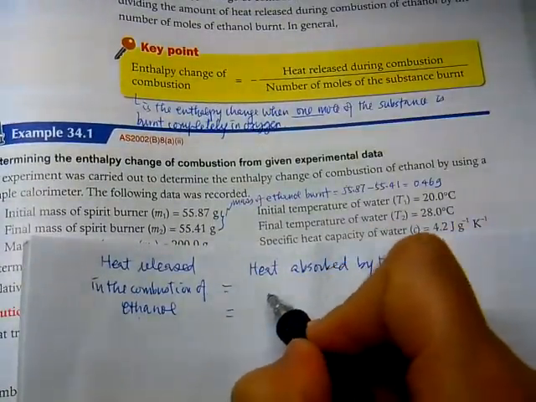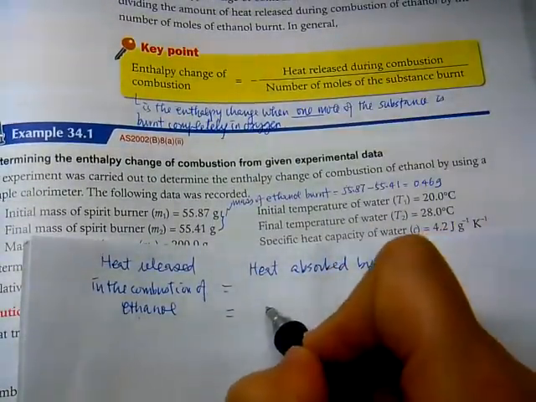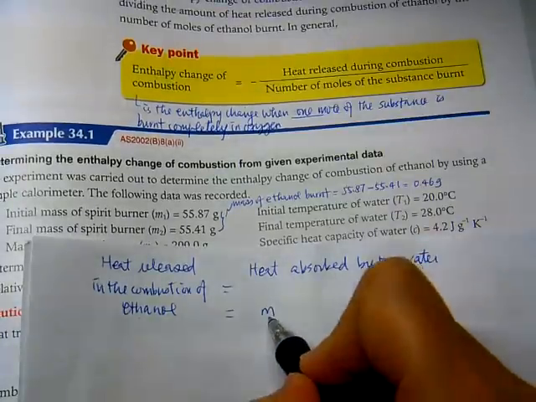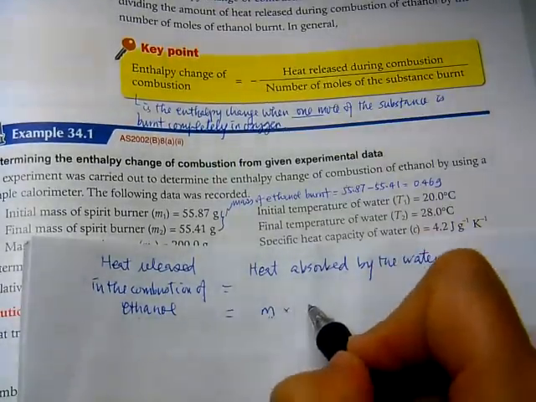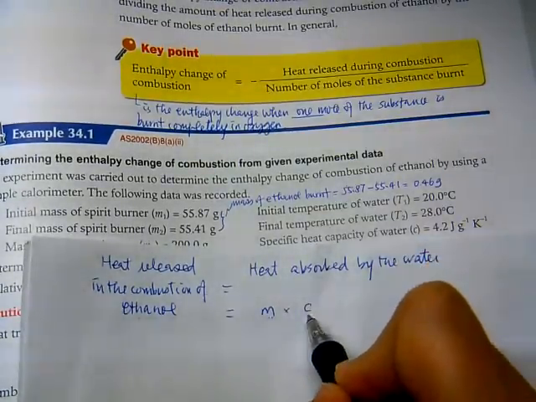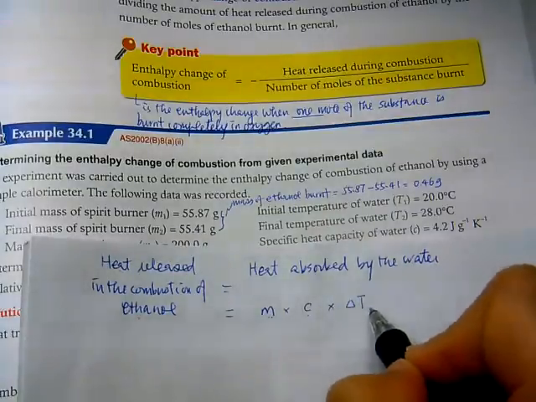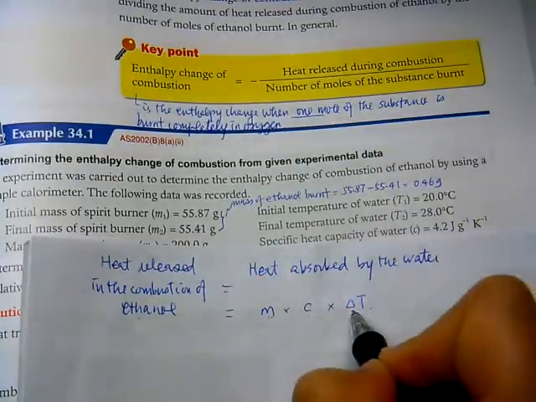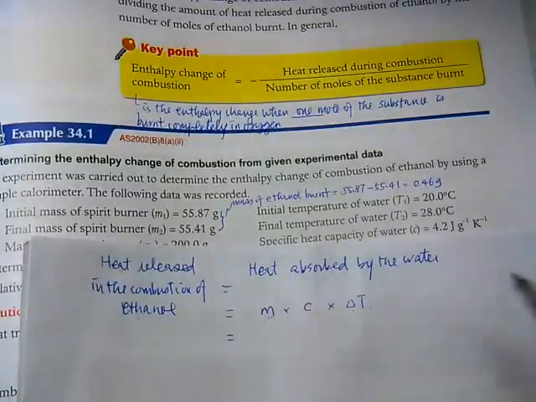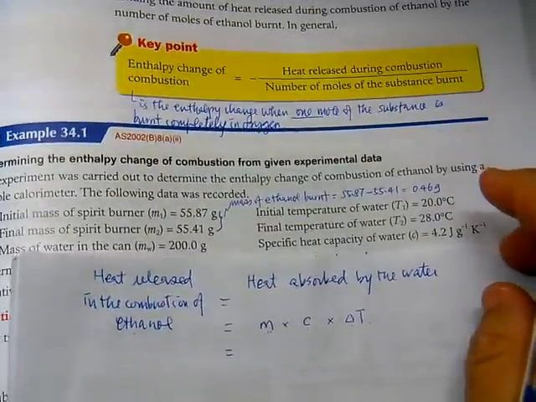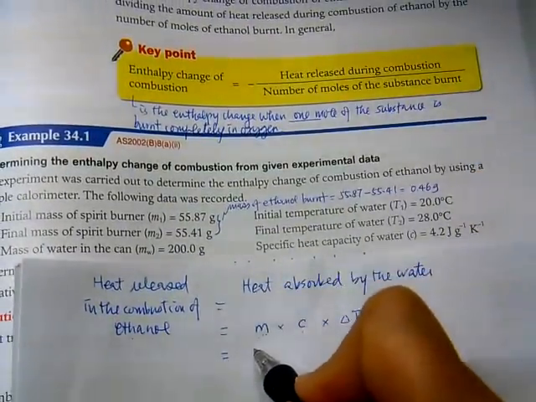According to this equation, heat absorbed by water is equal to the mass of water, I must emphasize mass of water, times specific heat capacity of water, times delta T of water. So, I need to substitute all the data for water into the equation.